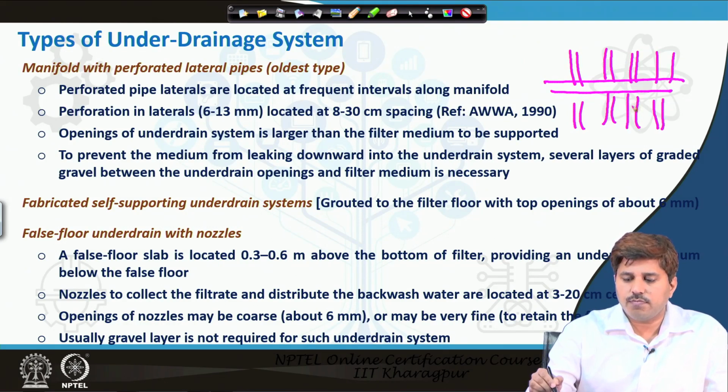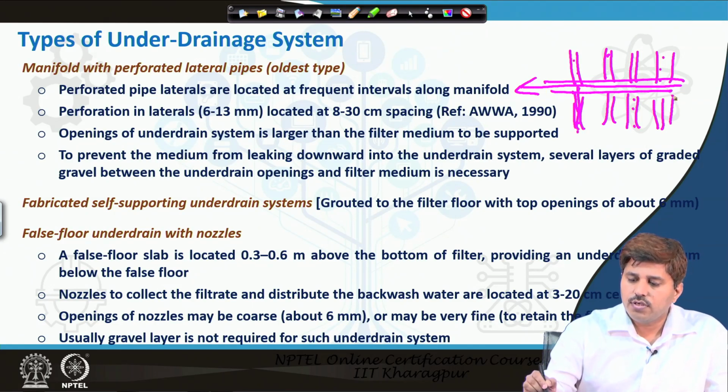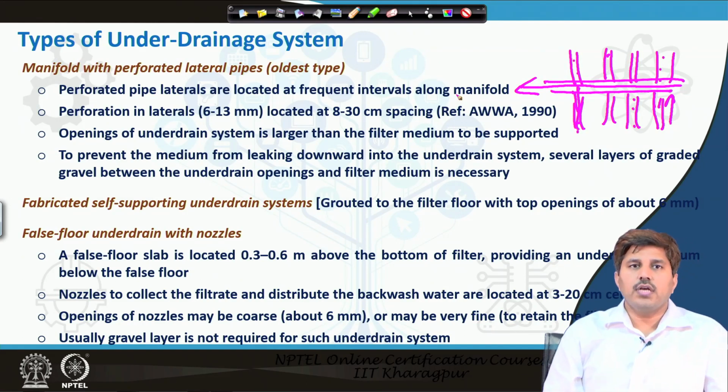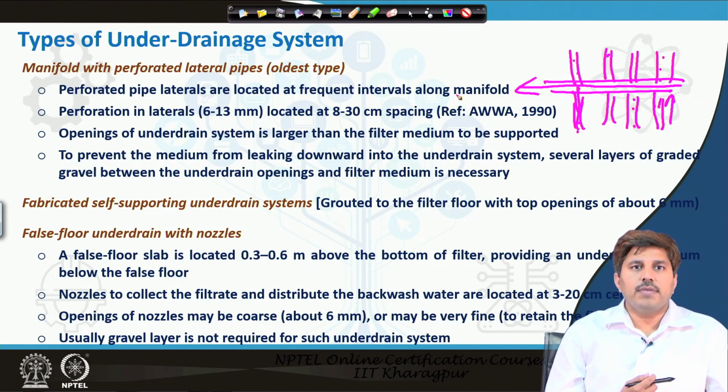Water enters through these perforations into the laterals, and the laterals connect to the central manifold, and then the central manifold connects to the outlet. The perforated pipe laterals are located at frequent intervals along the manifold.